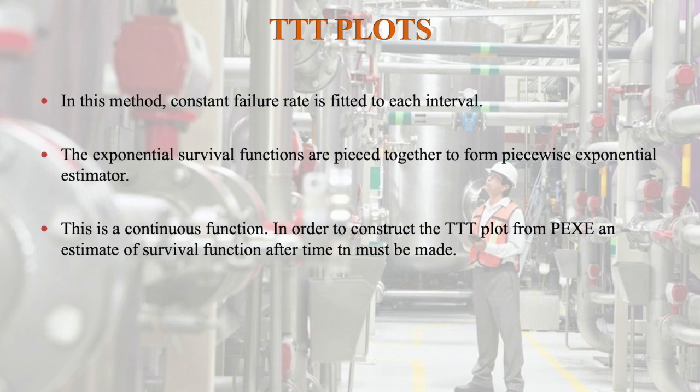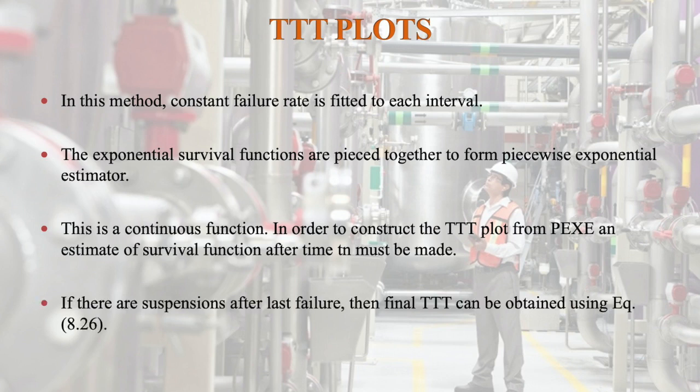In order to construct the TTT plot from PEXE, an estimate of the survival function after time Tn must be made. If there are suspensions after the last failure, then the final TTT can be obtained using equation 8.26.